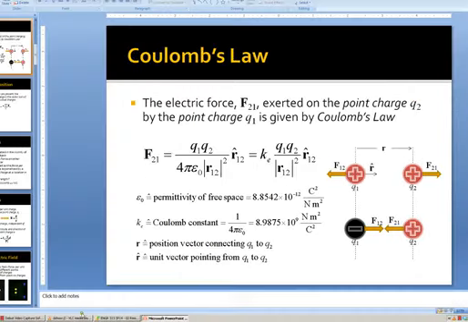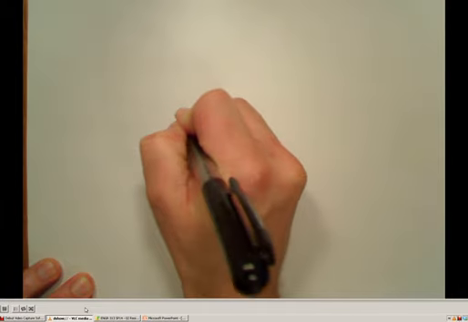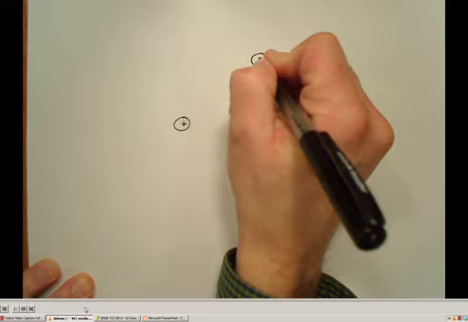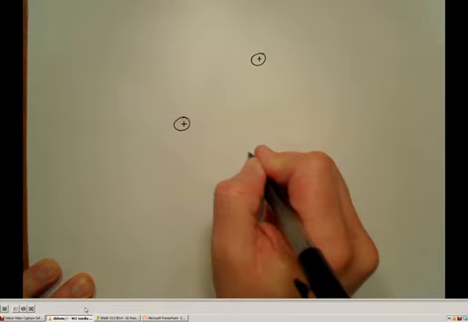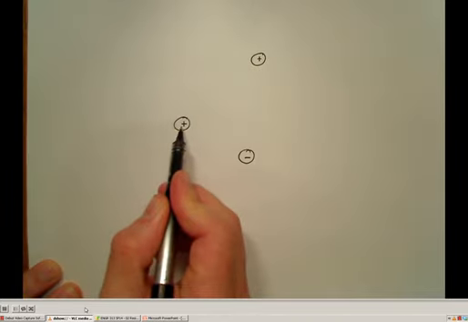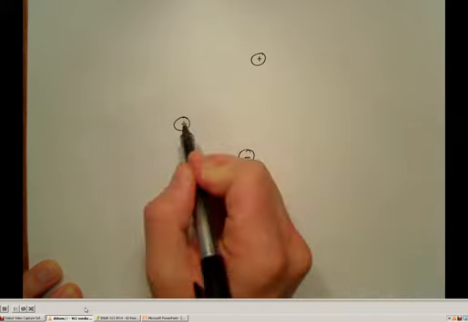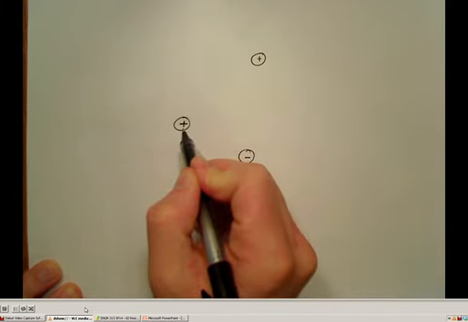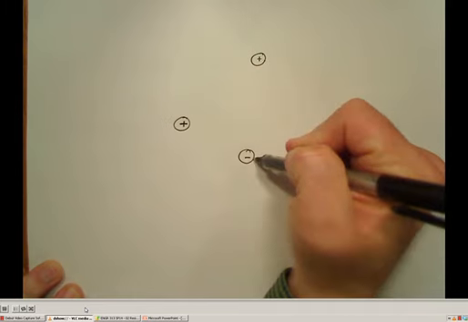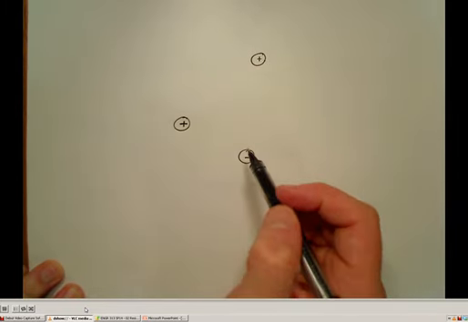Now imagine that instead of having two charged particles, we have a positively charged particle here, a positively charged particle here, and a negatively charged particle here. If we want to determine the net force that results from having these charged objects, we have to look at the total sum of the forces acting on this particle.